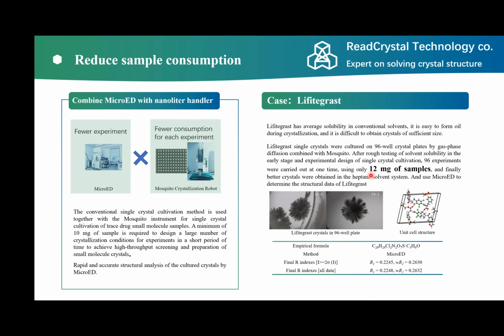We got a nano-sized crystal using only 12 milligrams of sample and solved the crystal structure. This technology is quite attractive for scientists working on natural products, because each gram of their samples might take several weeks of their work.